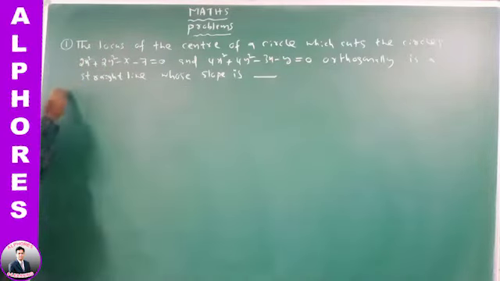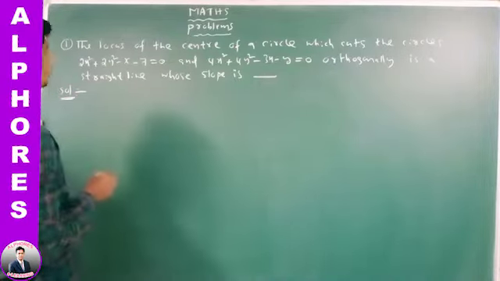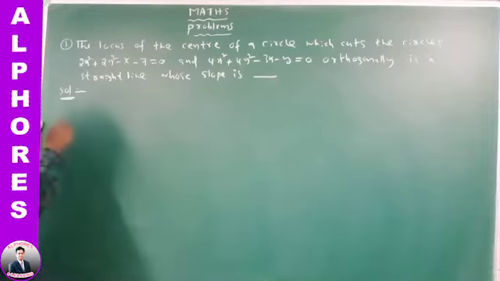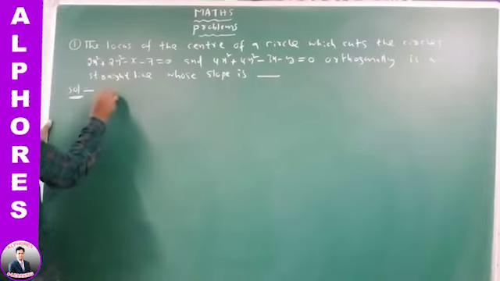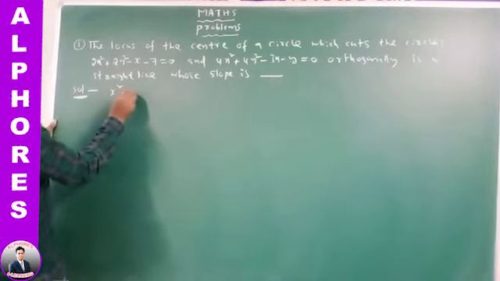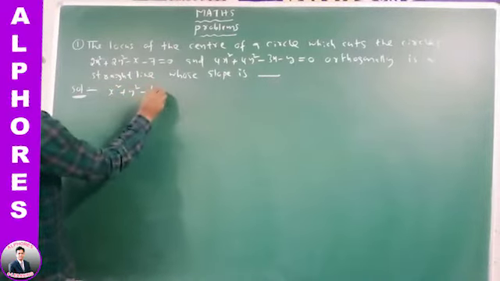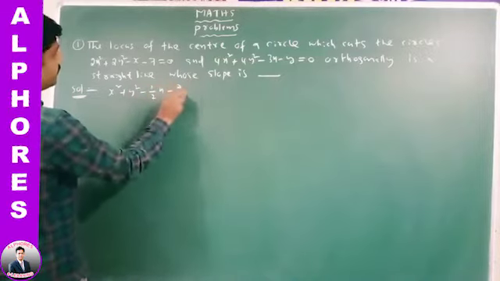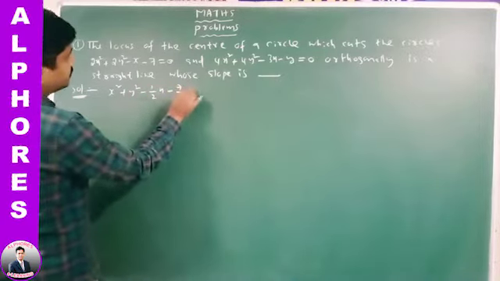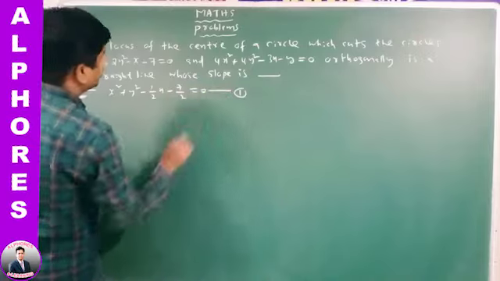First, convert the given circle equations into general form. First dividing with 2, for the first circle we get x square plus y square minus 1 by 2 into x minus 7 by 2 equal to 0. It will be equation number 1.